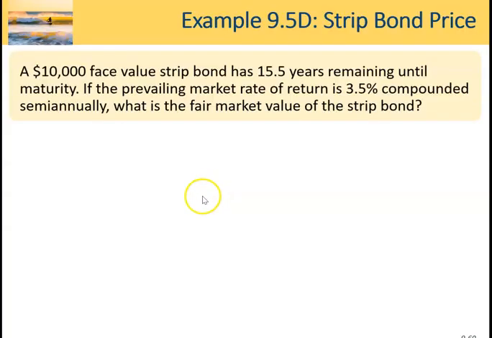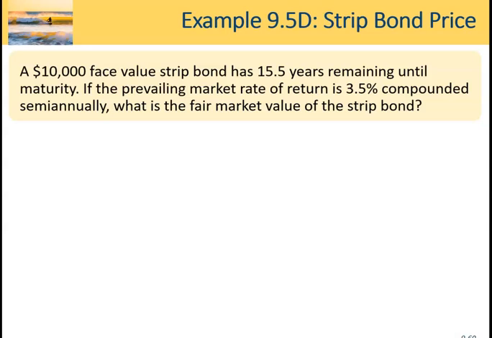Okay, so a $10,000 face value strip bond, so that's your future value, has 15.5 years remaining until maturity. So there's your number of years. If the prevailing market rate of return is 3.5%, so that is your annual or nominal interest rate, compounded semi-annually, so twice per year, so there's your m.